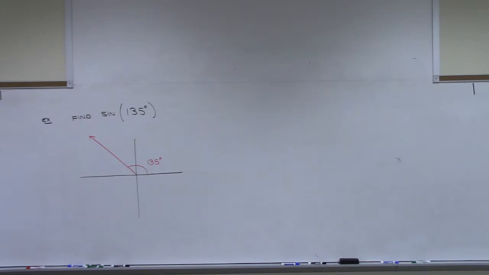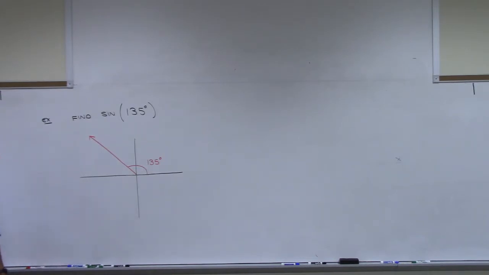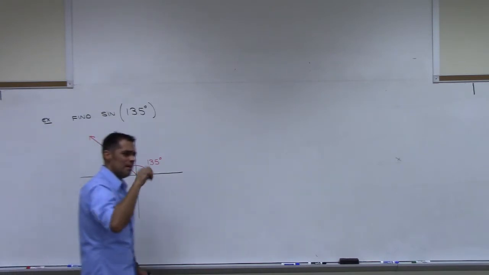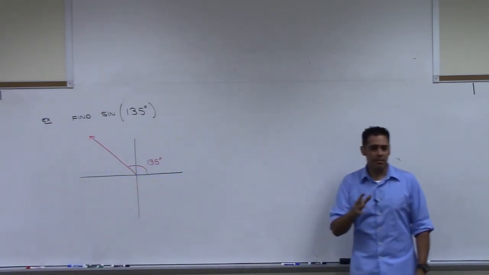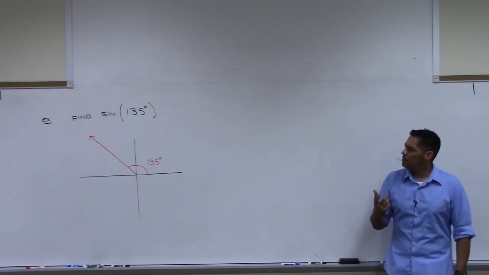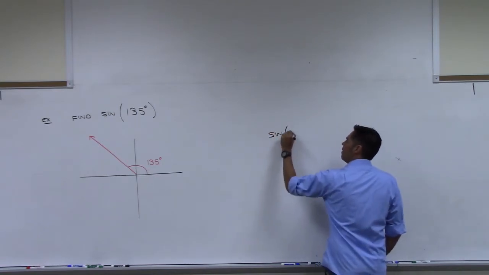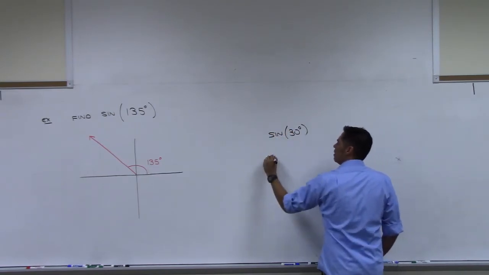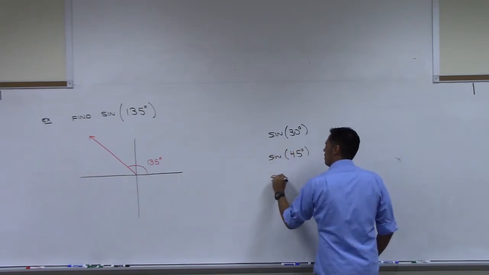Now, when it comes to the stuff we did know, there were, two classes ago, I think, I said there were common angles. We all need to know what the trig values are. And what were those common angles that we had? Like everyone here should know sine of 30 degrees, sine of 45 degrees, sine of 60, right?